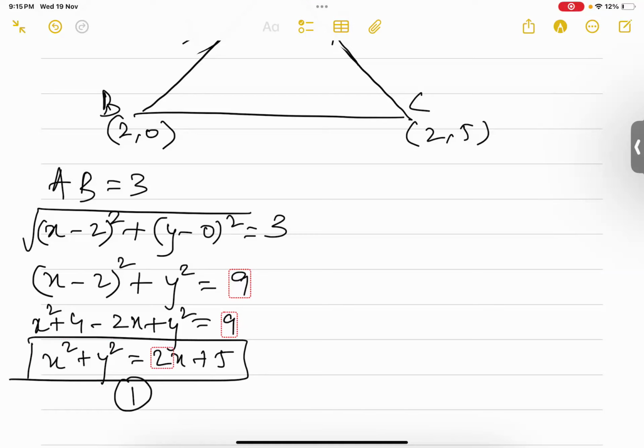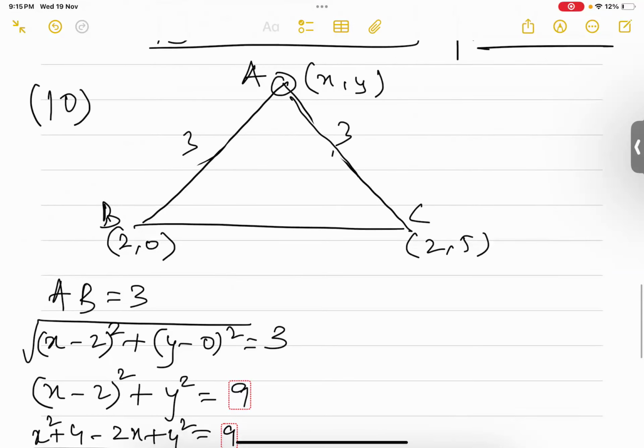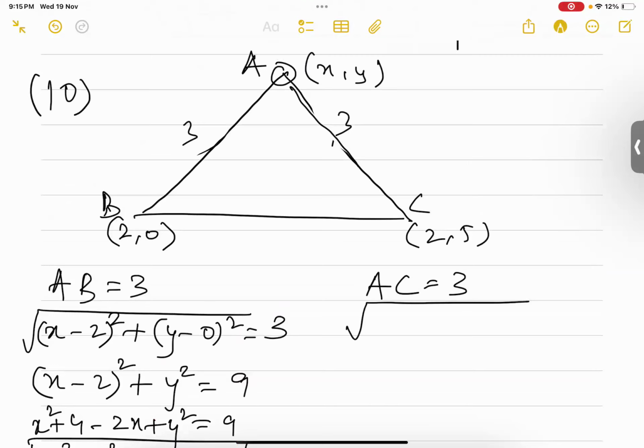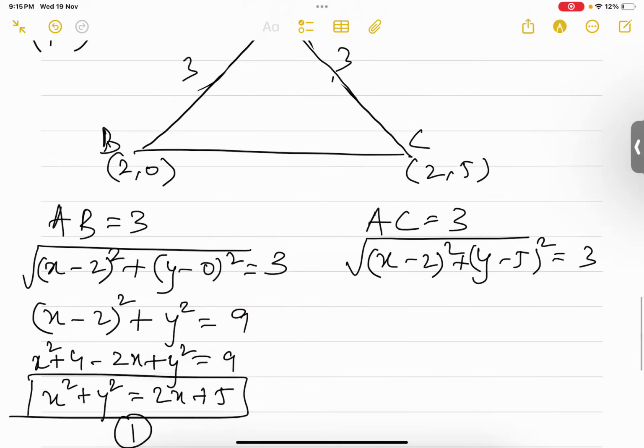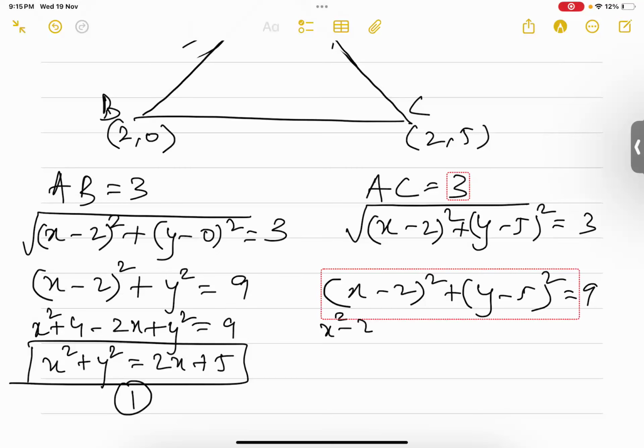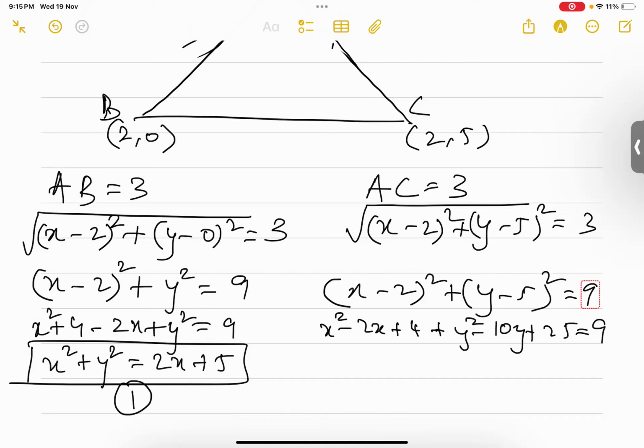Equation number 1. Now again, AC is also equal to 3. Root of (x minus 2) the whole square plus (y minus 5) the whole square is equal to 3. Squaring both the sides, (x minus 2) the whole square plus (y minus 5) the whole square is equal to 9. x square minus 4x plus 4 plus y square minus 10y plus 25 is equal to 9.